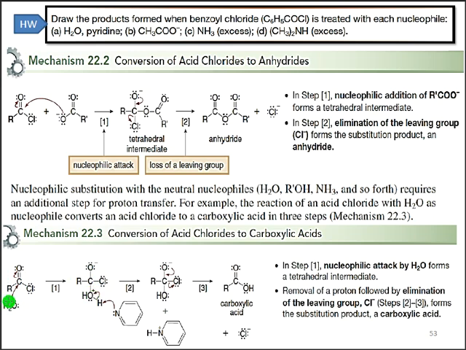Because the oxygen lost the lone pair of electrons, and in this case it will be electron deficient. Then how can we equalize this positive charge? By removing this proton. We use a base here to remove this proton. And then the final step is the same as before: the negative charge makes the pi bond and removes the leaving group from the structure to give you the final product.